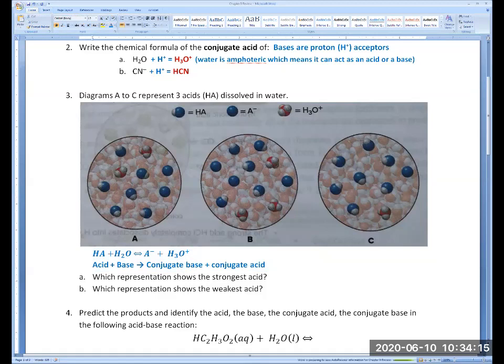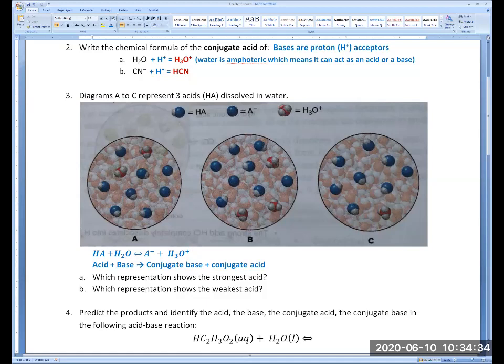So we have this happening in all three diagrams, but to a certain degree. In A, only two HA have dissociated into A minus and H3O+.